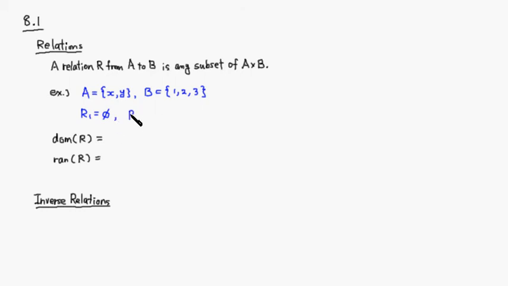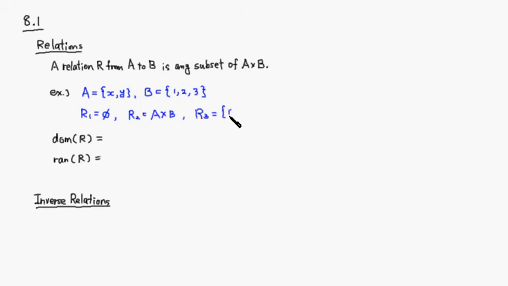Or relation 2 could be A cross B itself, right? Or we can just do any subset. So R3 could be a set of ordered pairs.